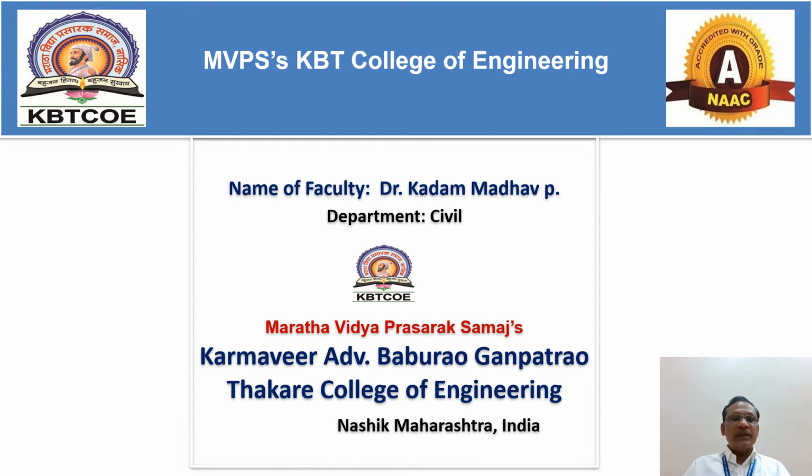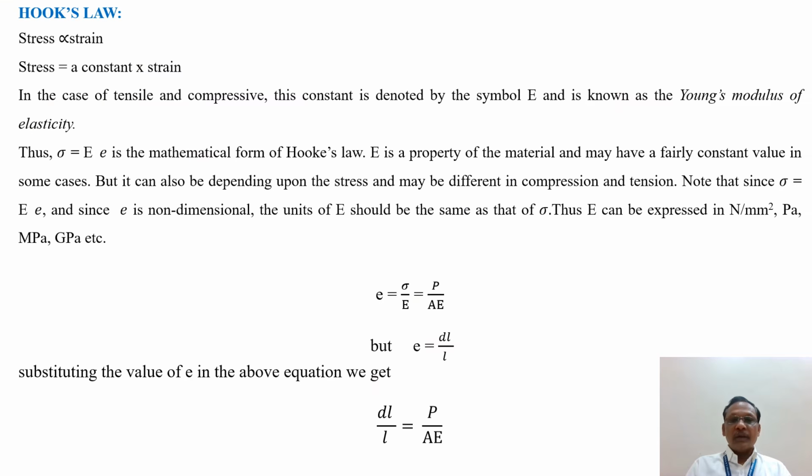Okay, so in this video we're going to discuss Hooke's law. Hooke's law is applicable for material within the elastic limit, or in short we can write stress is directly proportional to the strain, or stress is equal to a constant into the strain.